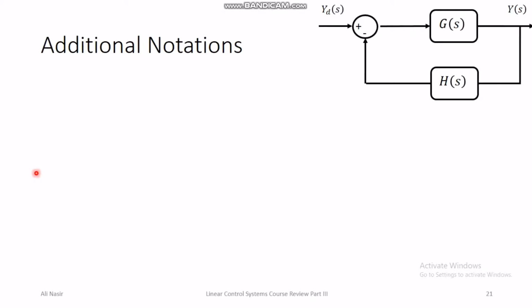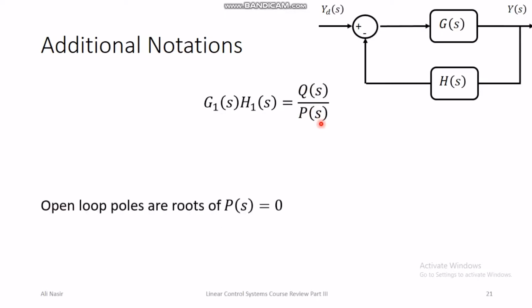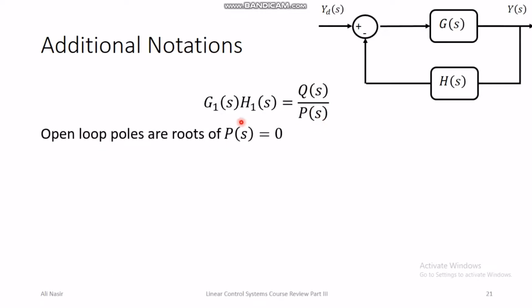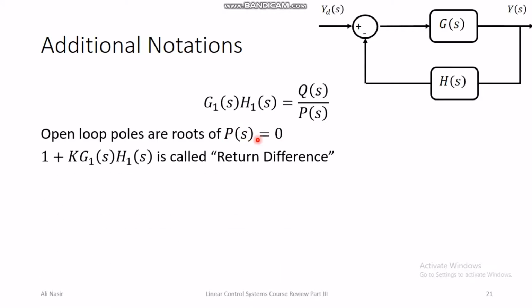And then there are some additional notations. If you imagine G1(s) H1(s) to be some numerator polynomial and some denominator polynomial, then the open loop poles are the roots of P(s) equals 0, and the quantity 1 plus k into G1(s) H1(s) is called the return difference.